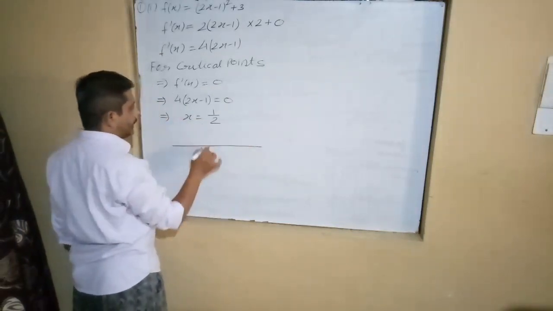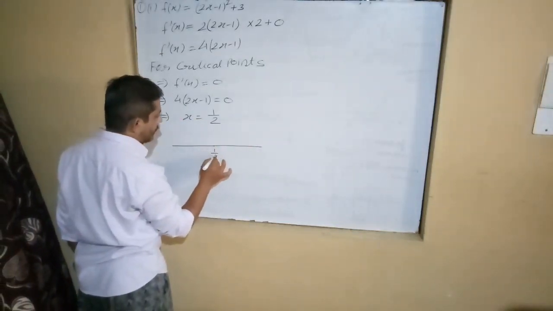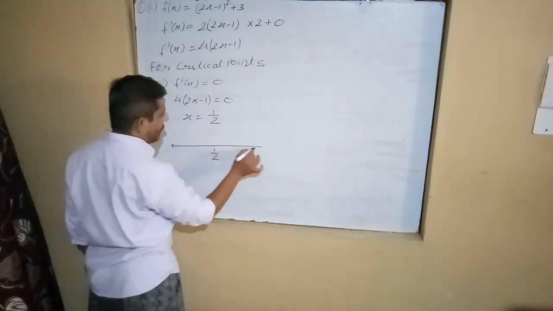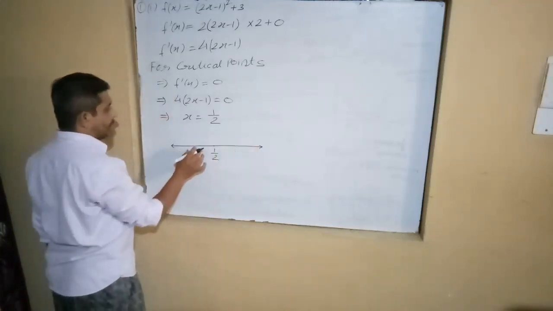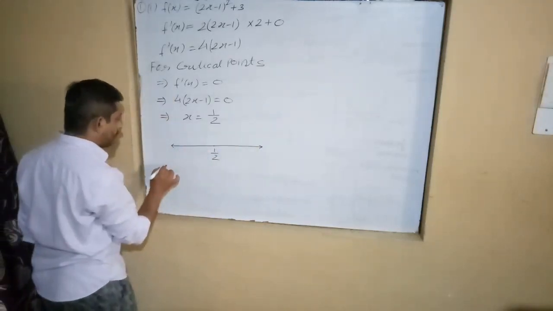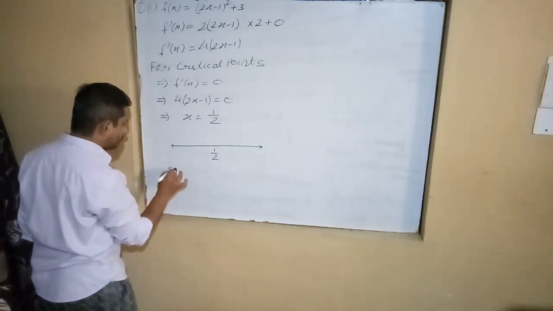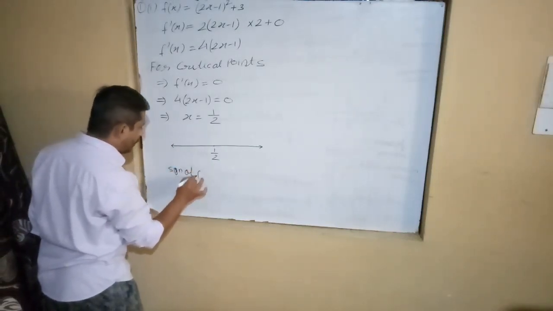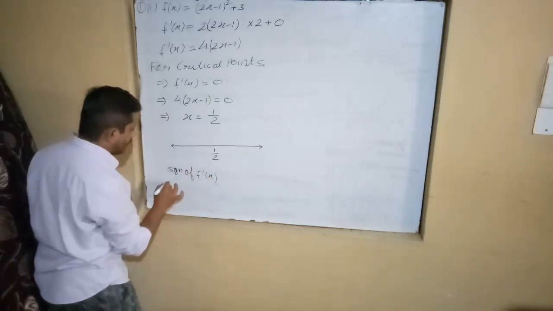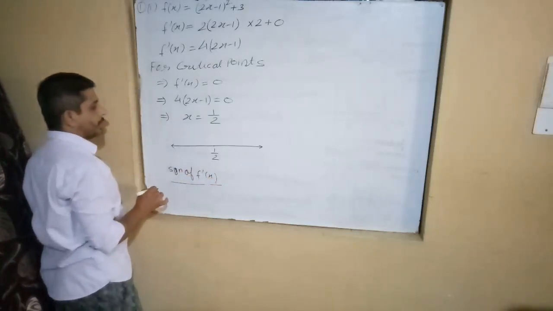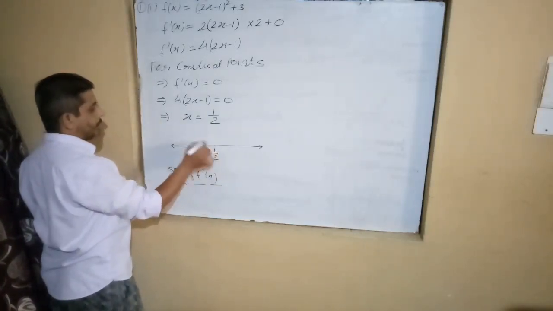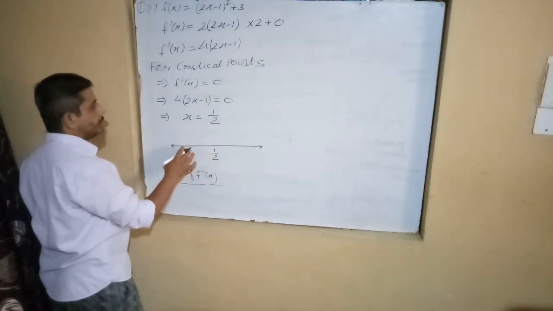Now, plot the critical point 1 by 2 on the number line. This is our number line. We check the sign of f'(x). So put a left hand side value of 1 by 2, that means 0.